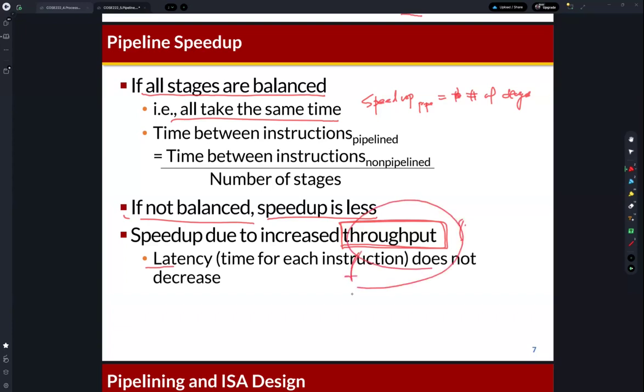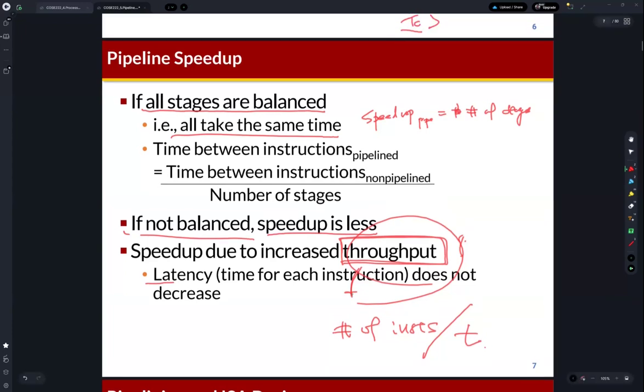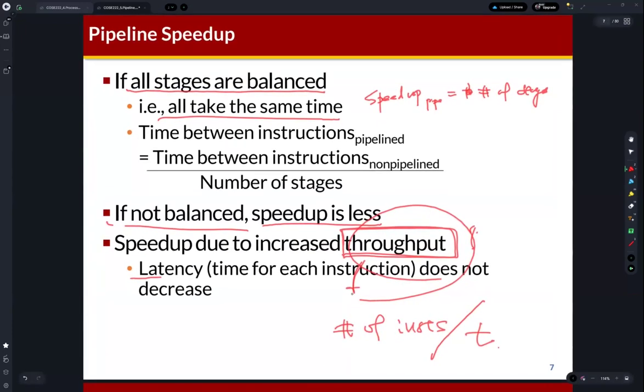Which means we can increase the number of instructions per unit time. Okay, this is called instruction level parallelism.